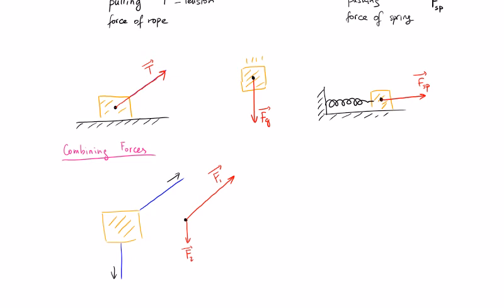The experiments showed that when several forces are exerted on an object, they combine to form a net force. So what is a net force? Net force is the combination of all forces together. We define it as F net, and it's a vector, equals force 1 plus force 2 plus force 3, plus as many forces as you have.